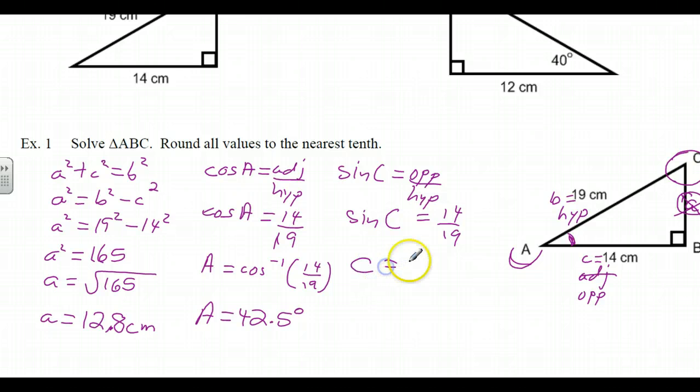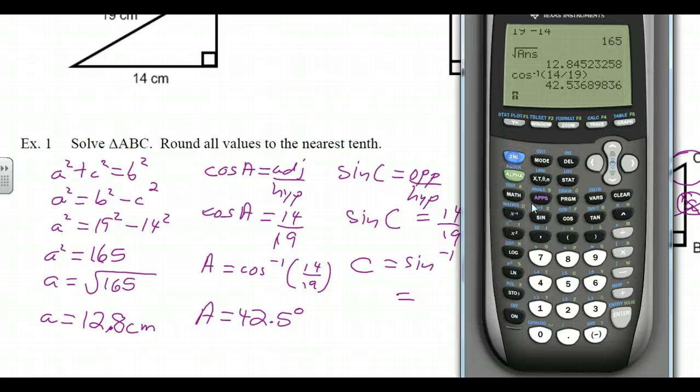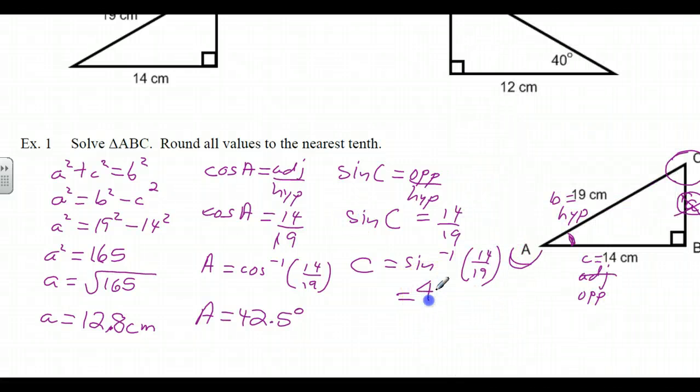So angle C would be the inverse sine of 14 over 19, which is second function inverse sine, 14 divided by 19, close parenthesis, enter, 47 point, and we're rounding to the nearest tenth, so we look at the 6, we round this up, 47.5 degrees.